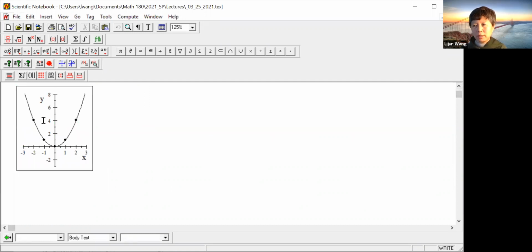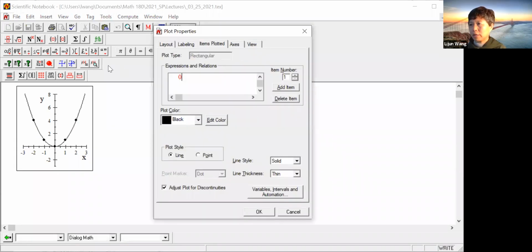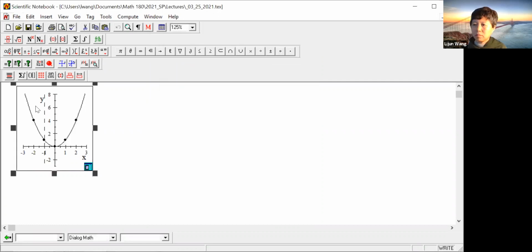When I plug in x equals -1, I am actually drawing a vertical line. Don't worry about the syntax. You see the broken line I drew there? The broken line is x equals -1.